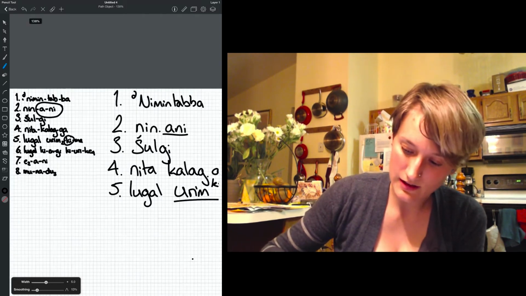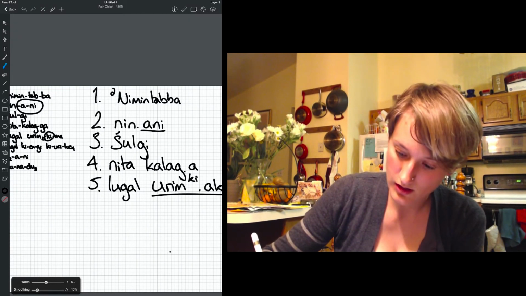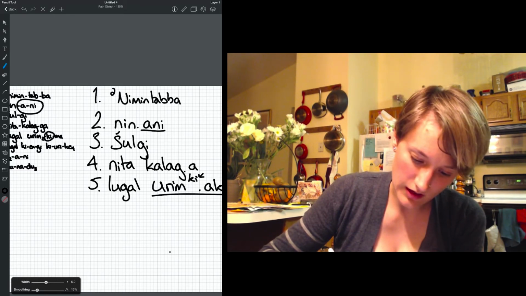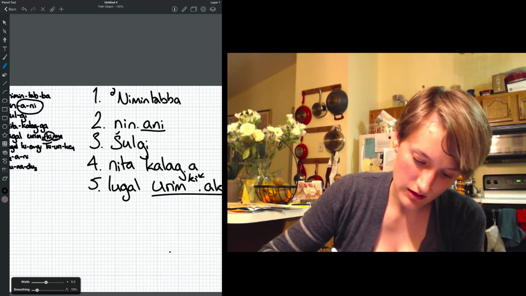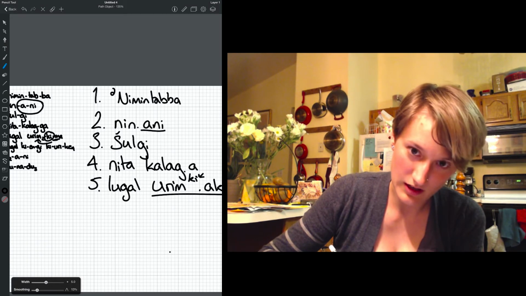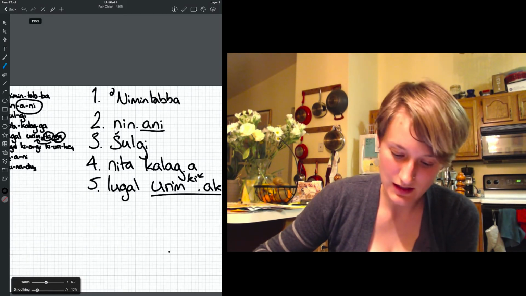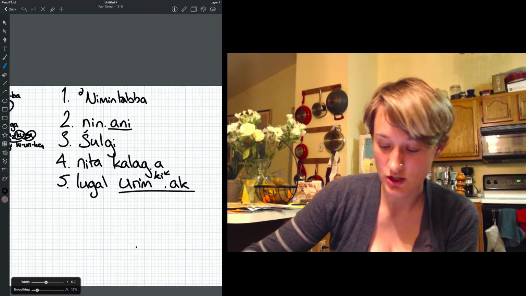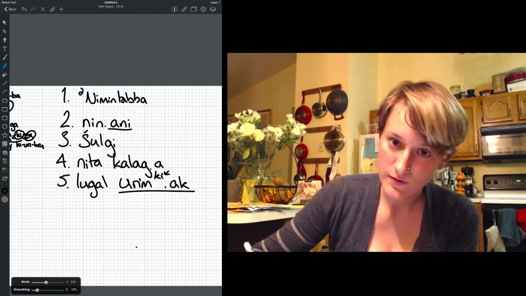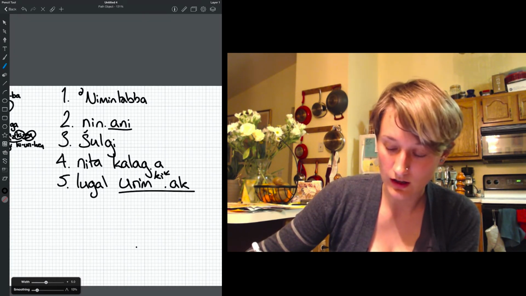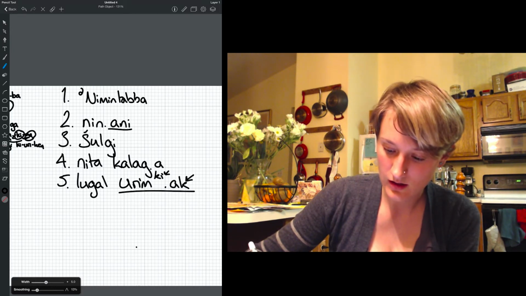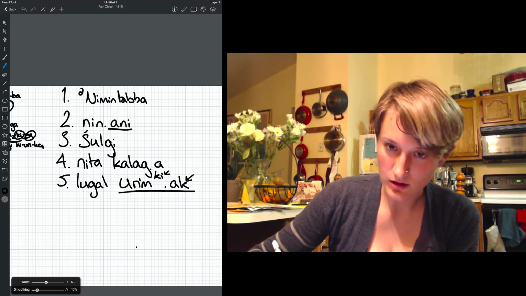So you write that in superscript here. And then the M here is an auslaut from right there, so you can ignore that. And the A right on the end is the genitive construction, which in Sumerian is an arc. So when you normalize, you write the whole thing out. You write the A and the K. So Lugal, Orim, Ki, Ak.